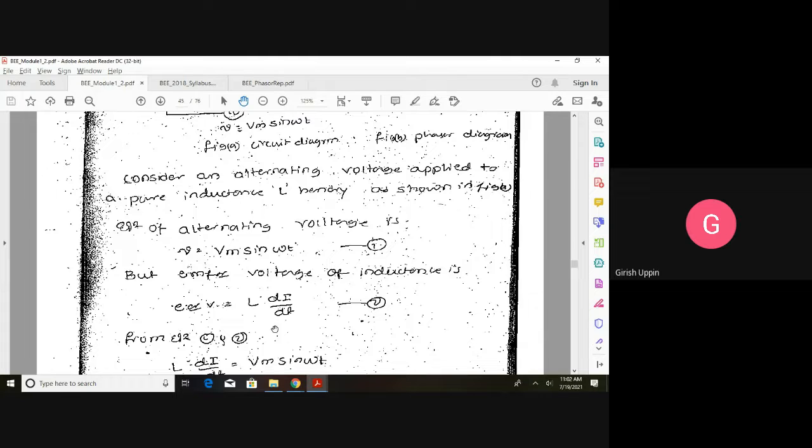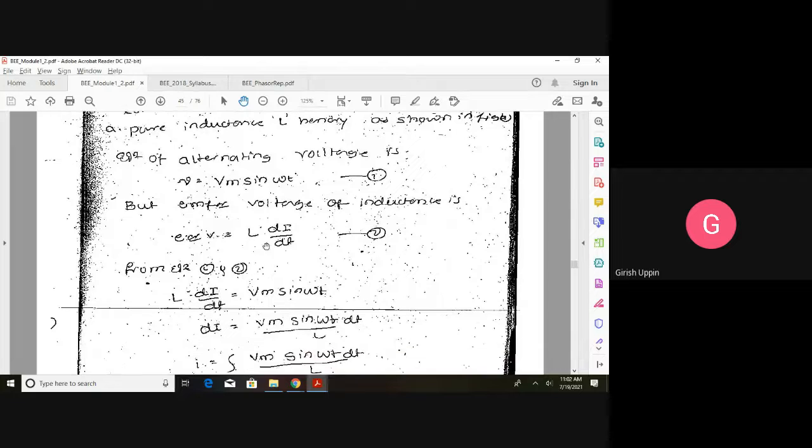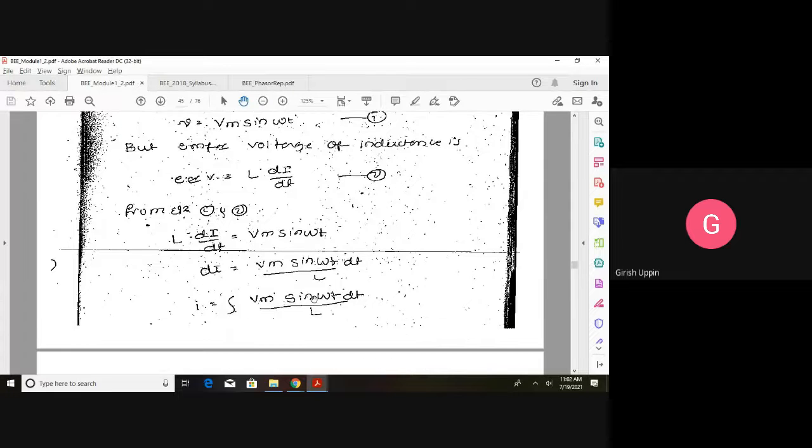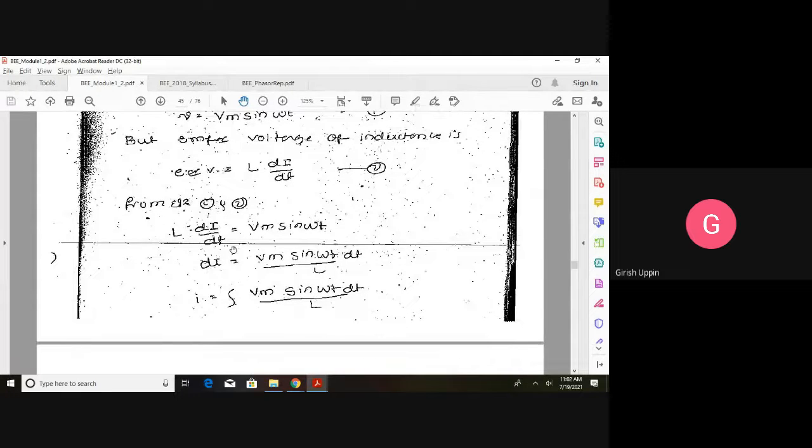Therefore, this voltage is equal to L di by dt. We can write L di by dt as equal to the applied voltage Vm sin omega t. If I take all these things to the right hand side, L will come to the denominator and dt will go to the numerator. We get di is equal to Vm sin omega t dt divided by L.